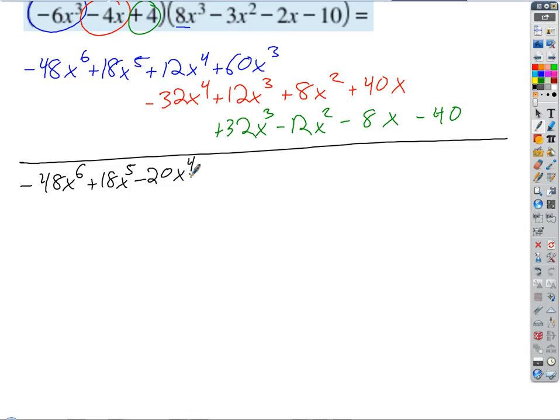Plus 72 plus 104. 104? Yeah. 104x cubed. And then this one should be negative 4x squared. And then how about this one? 32. And then minus 40, right? That's it. Okay, it's a big process. It helps to line that stuff up vertically.